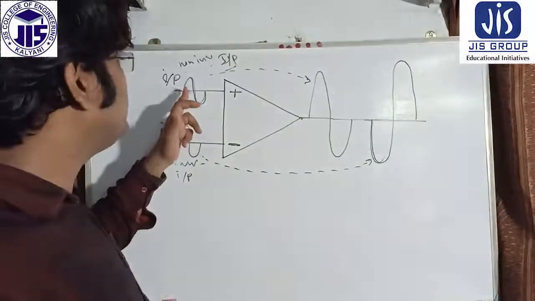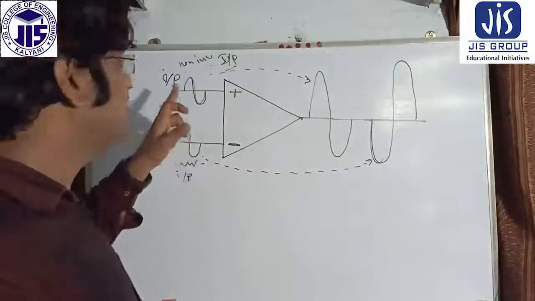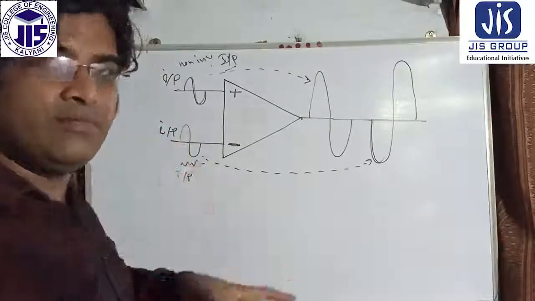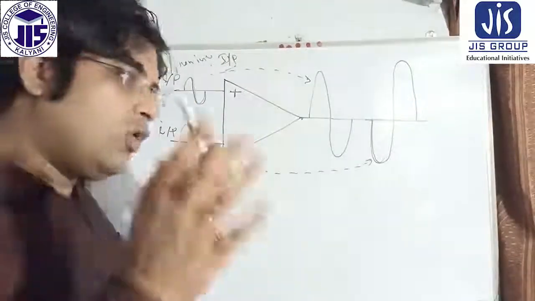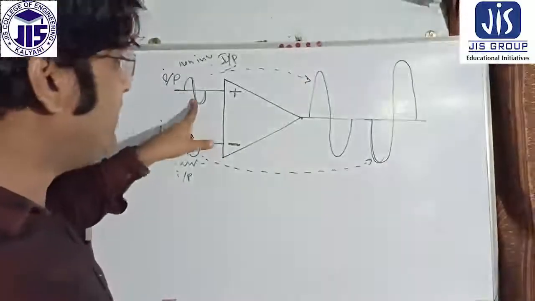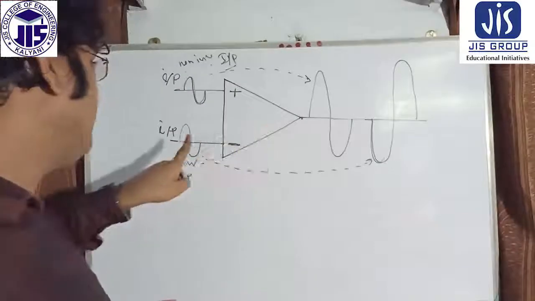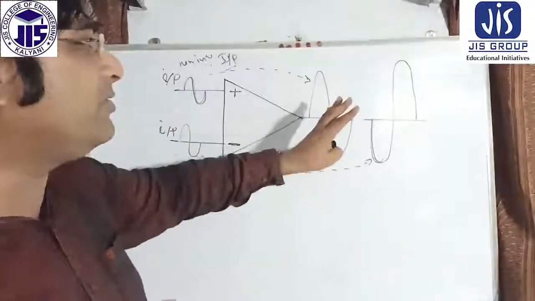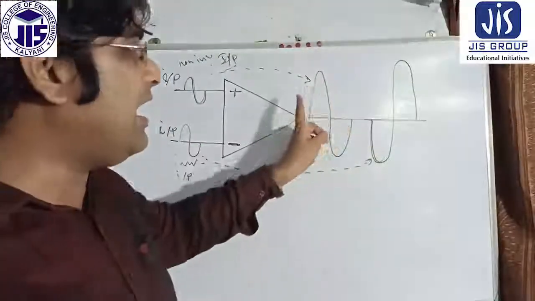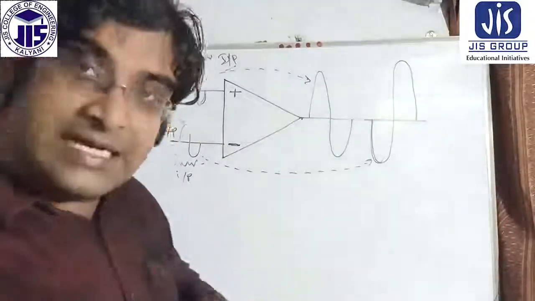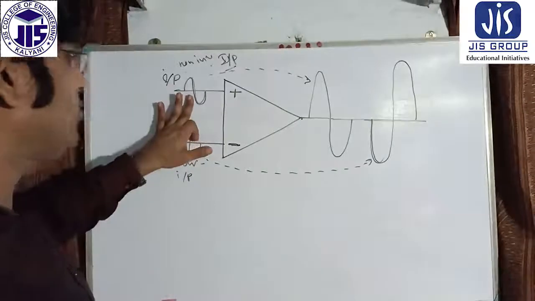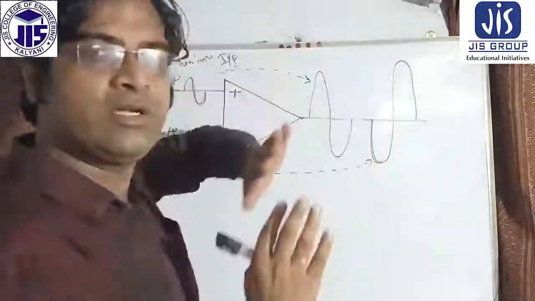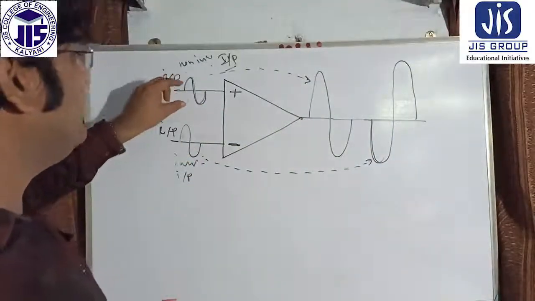Suppose I introduce the same signal here and here, at the same time and under the same conditions. For one input this effect is there, and for the other the output effect is like that. So the two resultantly give the output. My dear students, I repeat: for this signal, it is amplified, and for this signal, it is invertedly amplified. Now at the same time I introduce the signal here and here.